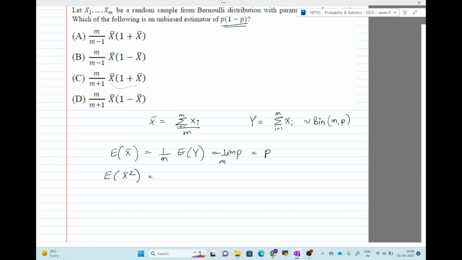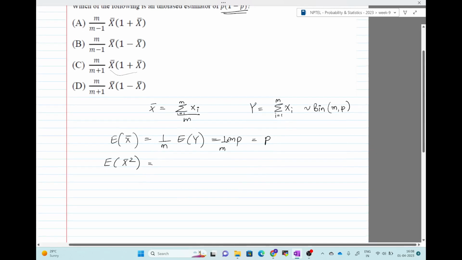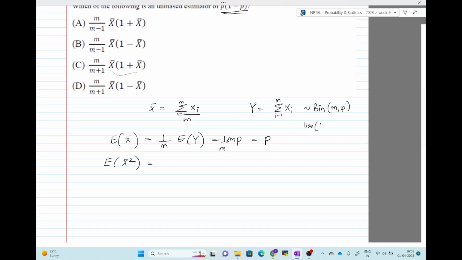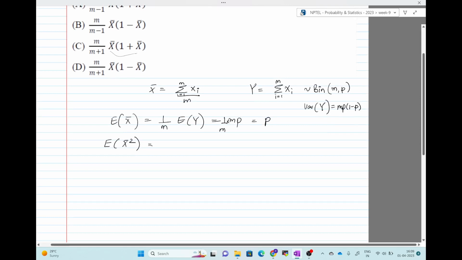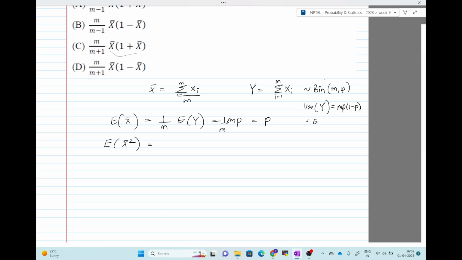So for that, we know that the variance of y is equal to mp into 1 minus p, which is the expected value of y square minus the square of the expected value of y.